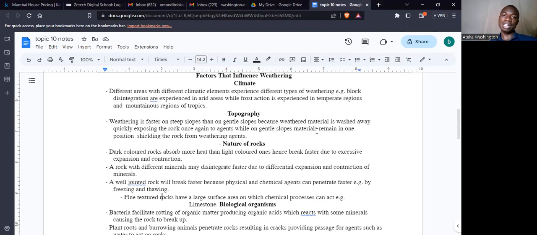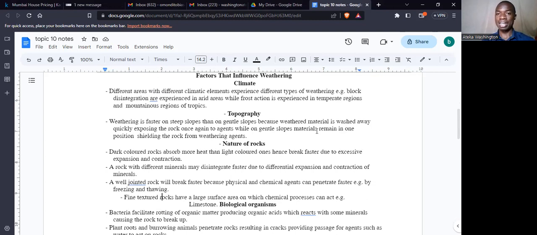Something to add: now we look at the factors influencing weathering. We have looked at the agents that cause weathering. Now we want to look at the factors that will influence it. What is it that will cause the breaking of rocks to be at a faster rate? Here, the first one is climate, which talks of rainfall and temperature as usual.